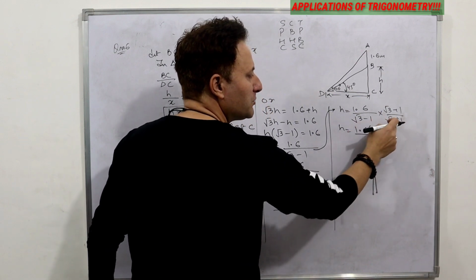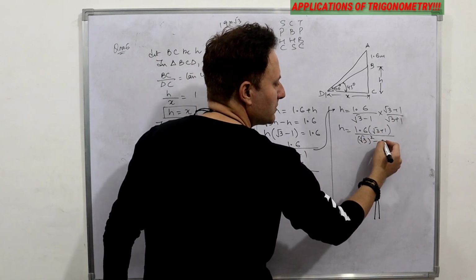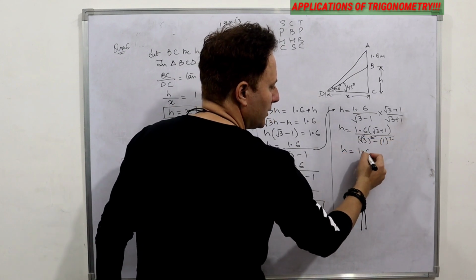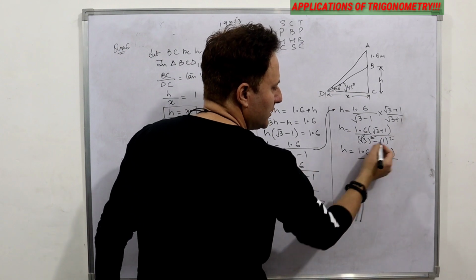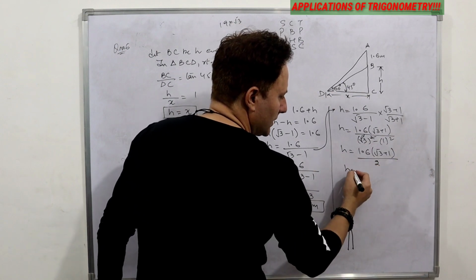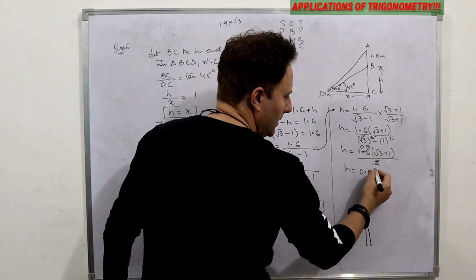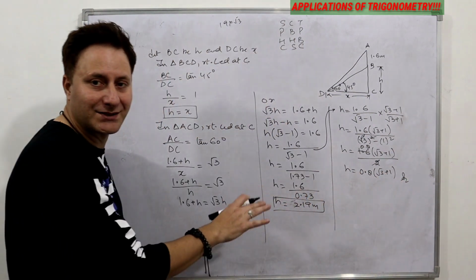Then we have a minus b into a plus b, that is a square minus b square. So h is equal to 1.6 times (root 3 plus 1) upon 3 minus 1, that becomes 2. H is equal to 0.8 times (root 3 plus 1). This is also the answer, guys.